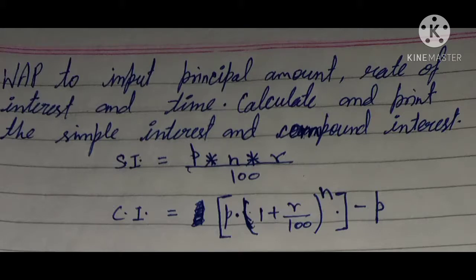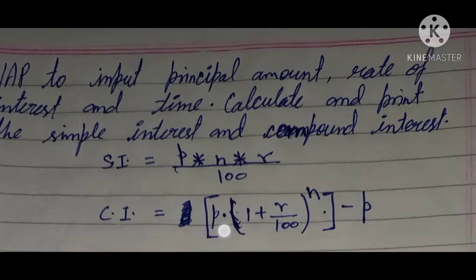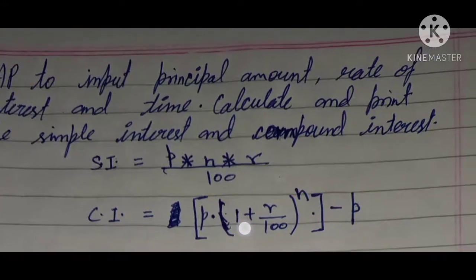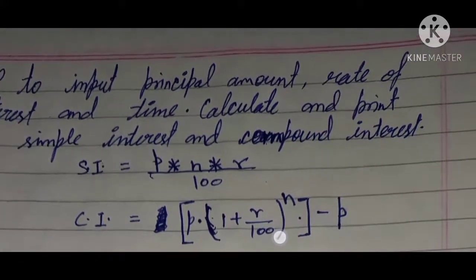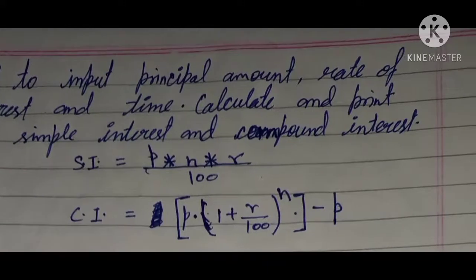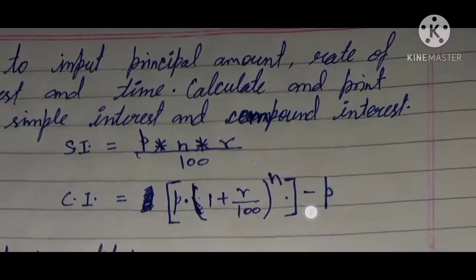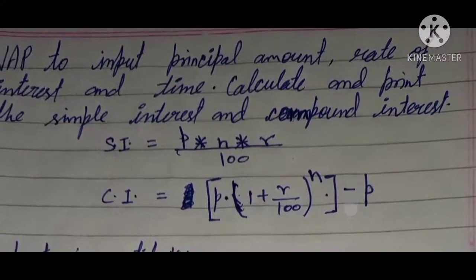If we have the final amount and we subtract the principal amount from it, then we can easily get the compound interest. I think you know this formula. That's why I have written here P into 1 plus R by 100 whole to the power n minus P.